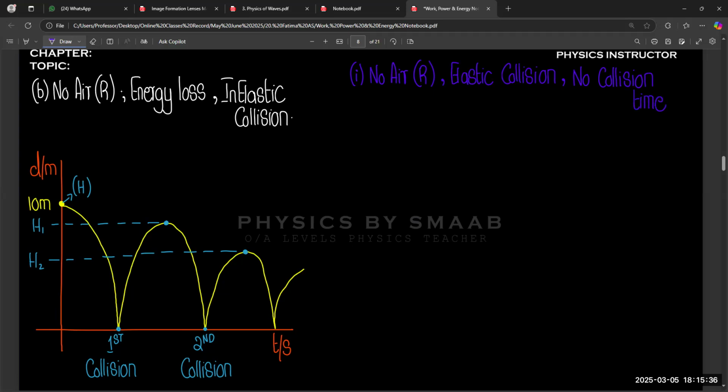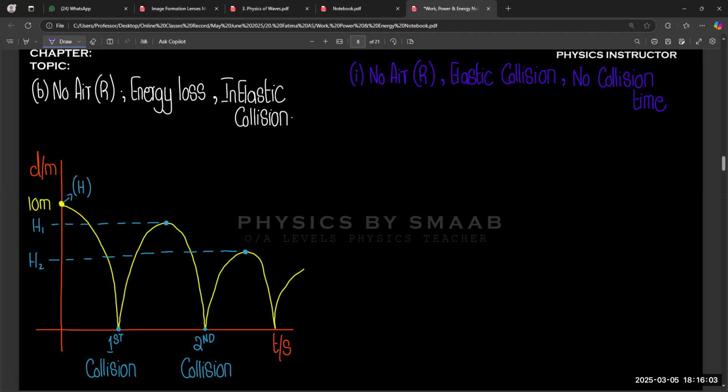No collision time means when a ball hits the ground, it changes direction to rebound, and that rebound takes place quickly. Suddenly, there is no delay in it. So that is called no collision time, right? For example, you throw a ball towards the wall, it hits the wall and comes back in the same time duration. There will be no delay in the time, right?